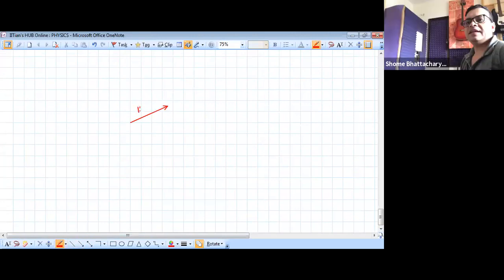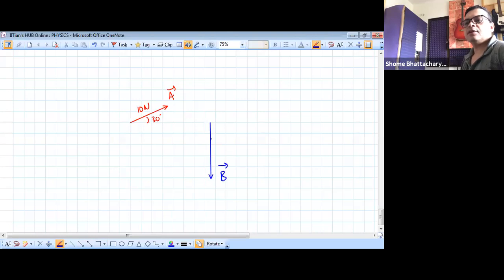So if this is 10 newtons towards this, okay, then the vector B should be. Now the thing is, we don't have to draw B here. We can draw B somewhere else also. It doesn't make any difference. We can also draw this here.